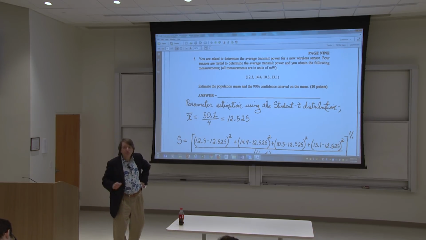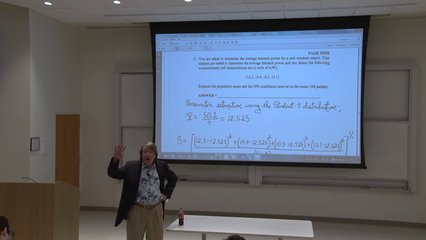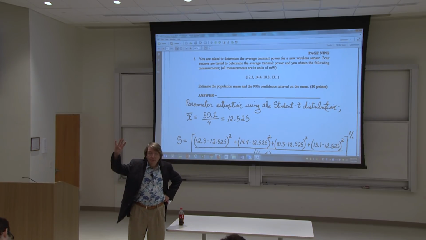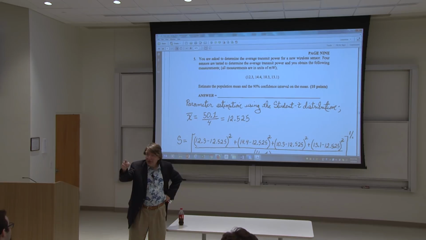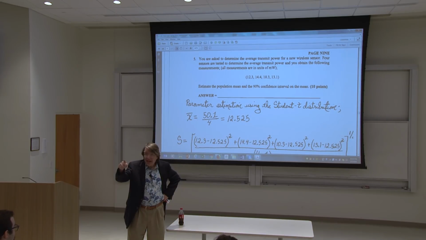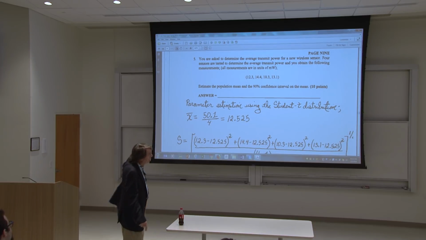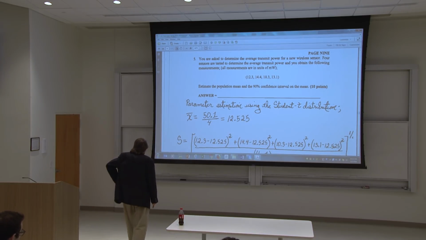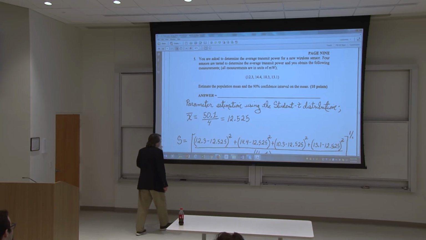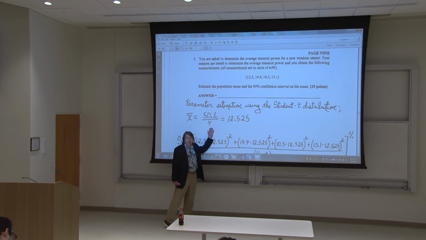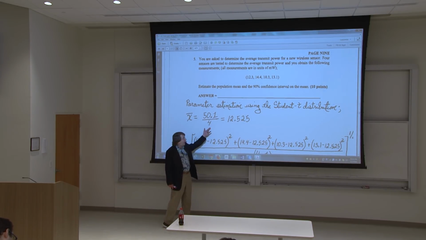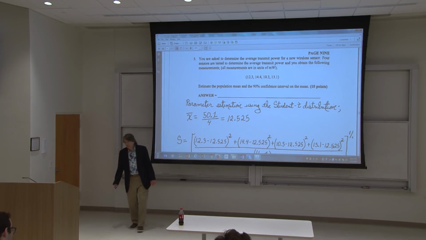Now, you know this. What's important about 4? Less than 30. That means we're using student t. So I get the average. I add them up, divide by the number 4, which is the number of sensors we have. I got the average.